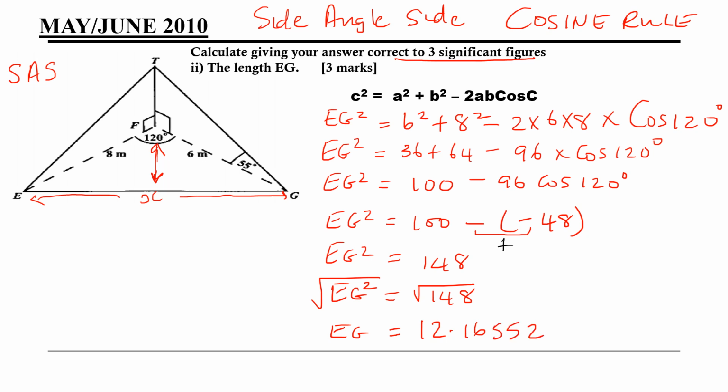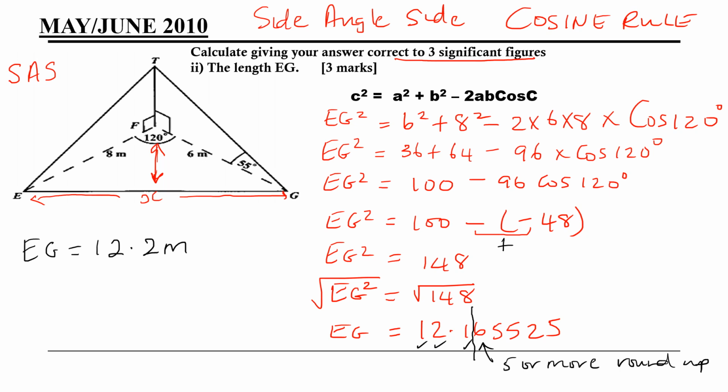I'm going to stop there. We want 3 sig figs, so let's count: 1, 2, 3. Draw our line here. Check this number. It is 5 or more. Round up. So EG will be equal to 12.2 meters. And that is the final answer.